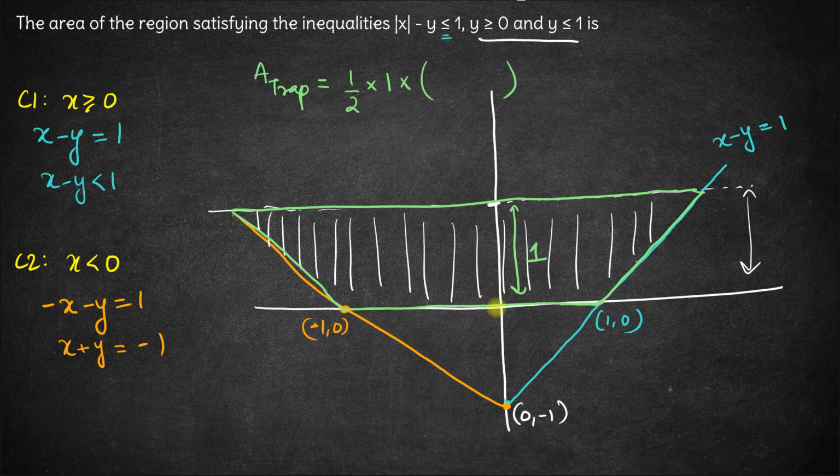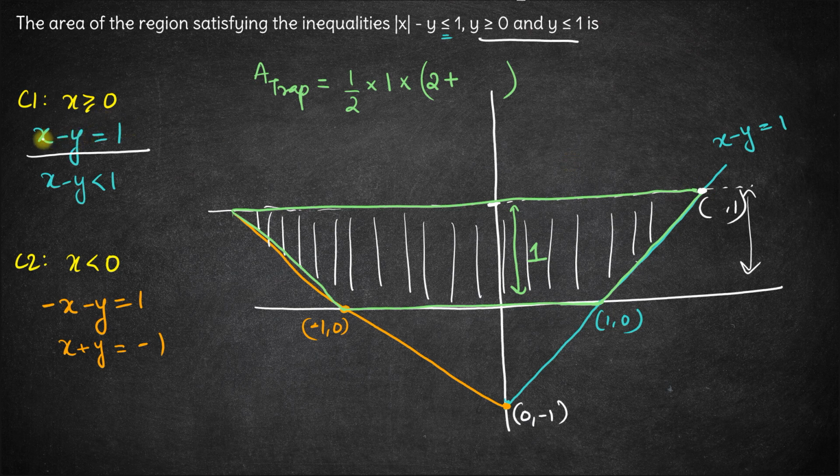Now what is the length of this side? The length of this side is, this is 1 unit and this is 1 unit. So 1 plus 1 is 2. So the smaller parallel side is 2. What about the bigger parallel side? Let's try to calculate. So we have this line is represented by x minus y is 1. So this is the point where y is 1. So for this line, if y is 1, what is the value of x?